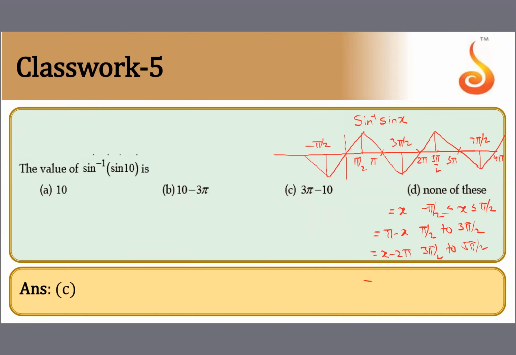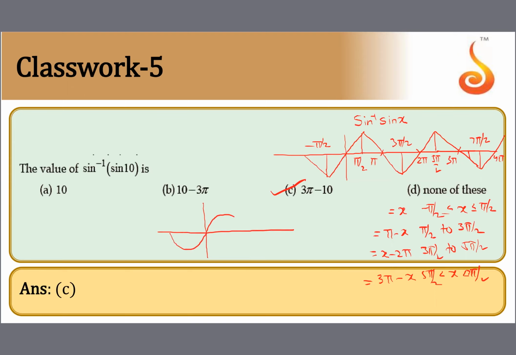Alternately, this becomes 3 pi minus x when x lies between 5 pi by 2 and 7 pi by 2. So if you observe this, 3 pi will be 10 here. So what will be the answer? 3 pi minus 10. If you can remember this way, another shortcut is there.